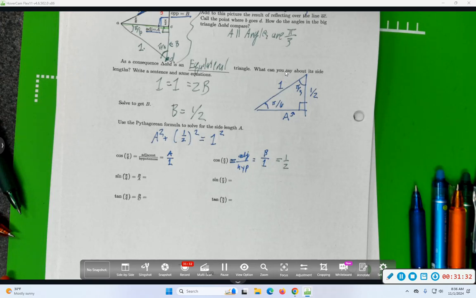Everyone seems to be working, so I'll pause until someone tells me what A is equal to.